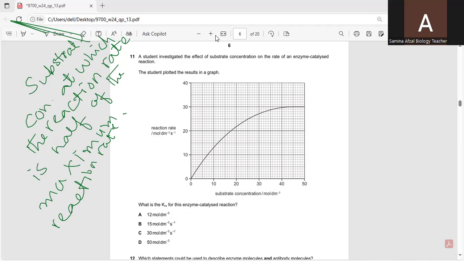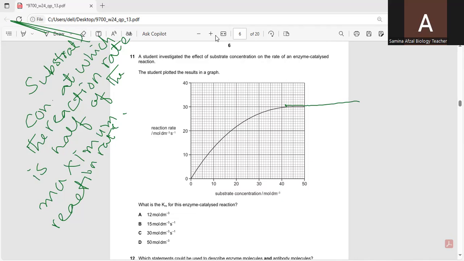So here you can see on screen that the reaction rate increases with substrate concentration and then levels off. So it levels off over here. Here you can see this is 30. The reaction rate is 30.